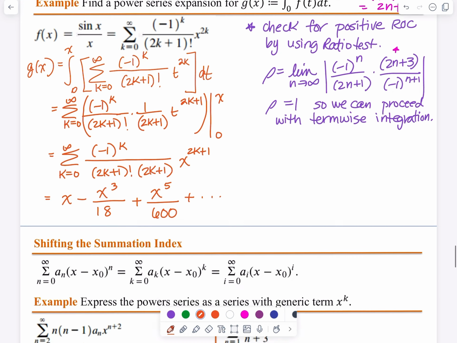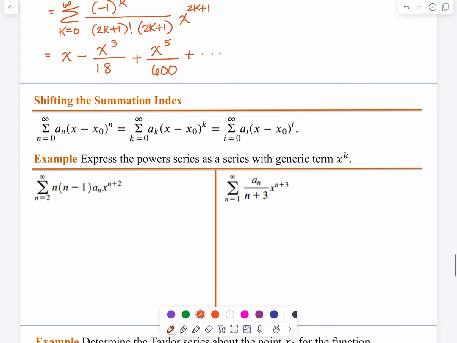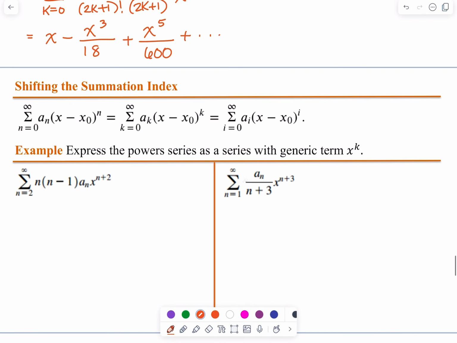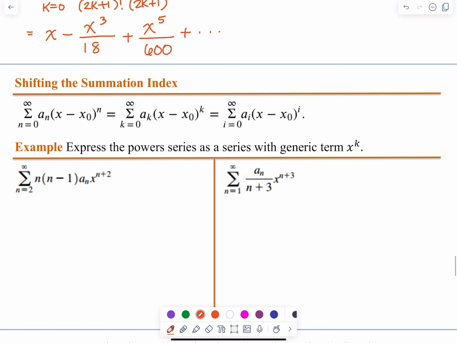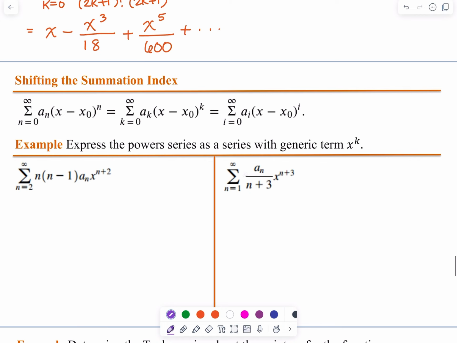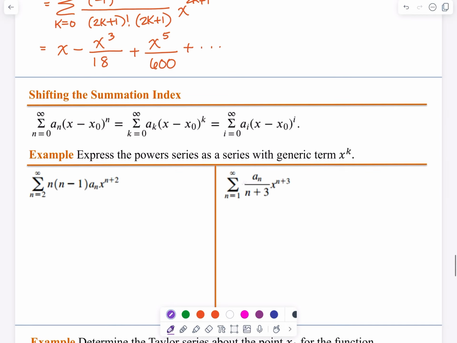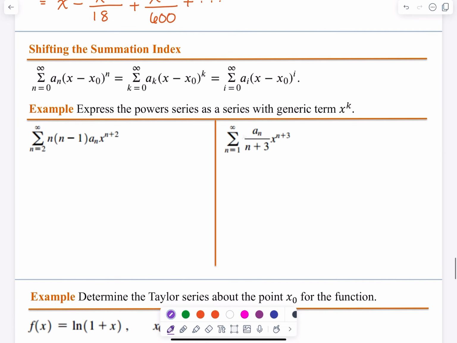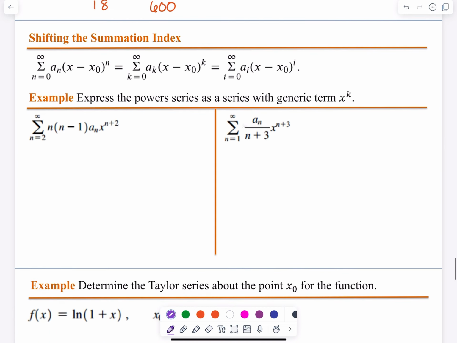Let's take a look at shifting the summation index. I think we all know that this index of a summation in a power series is really just a dummy index. It's just like the variable of integration when we have a definite integral. So there are times we want to change the variable of integration.